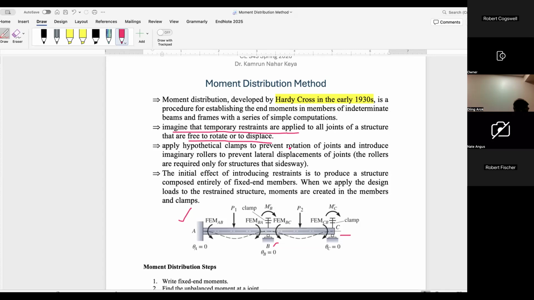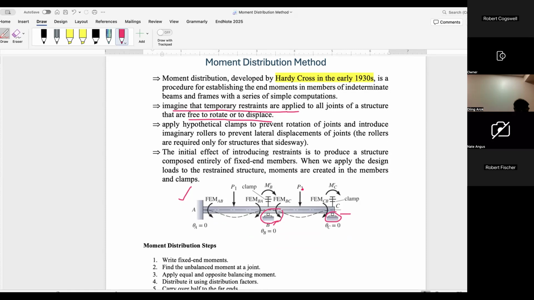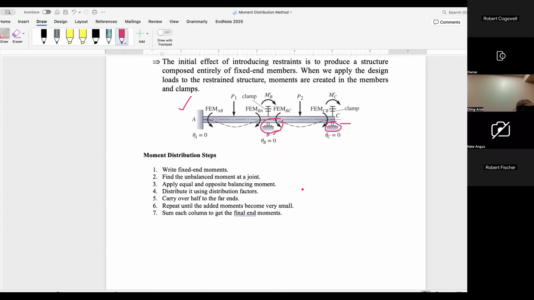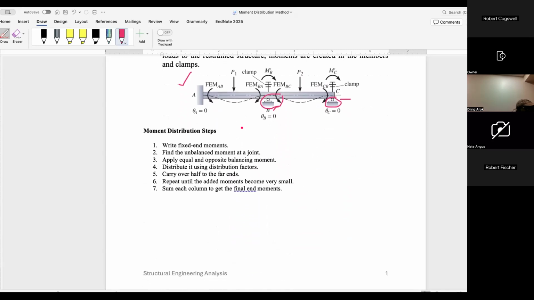To prevent free rotation of that structure, we will introduce a roller here. Then we need to show how we will compute the distribution factor. We will come back to this point later when we start doing the math.